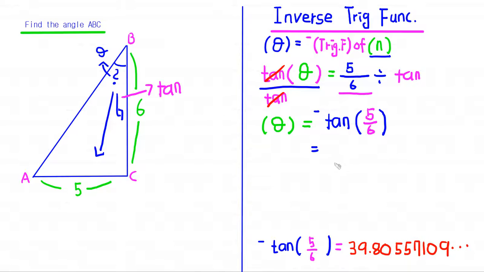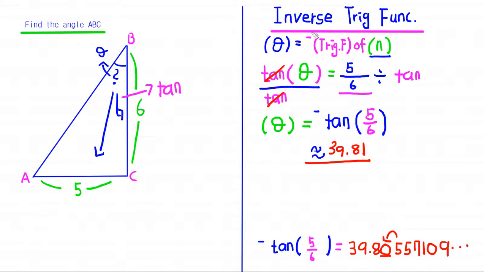It is an infinite number, so let's round to the nearest hundredths place. It is approximately, we need to write the approximate sign, approximately equal to 39.81. And this was our answer.